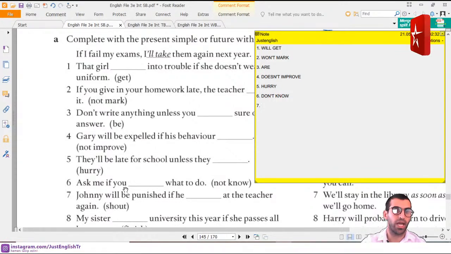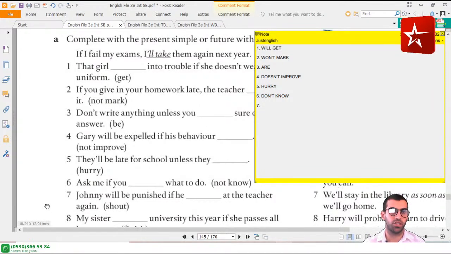That's great. And number 7, Johnny will be punished if he blah blah blah at the teacher again. I am waiting for your comments to number 7, if they are correct or not. Mehmet says shout.